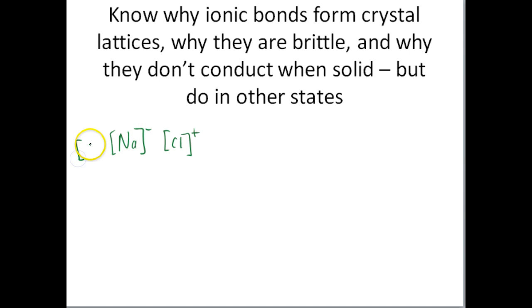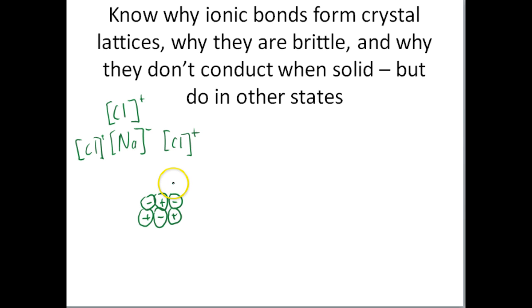So you can have another sodium on this side, and then another chloride on this side. What you end up with is a network of positively charged ions with negatively charged ions, and they form up in this repeating pattern over and over again. And this is our crystal lattice.